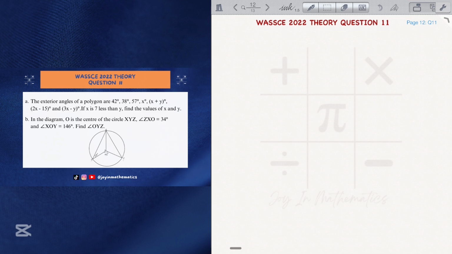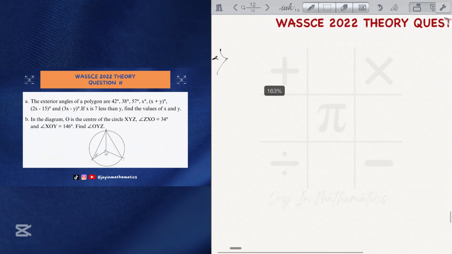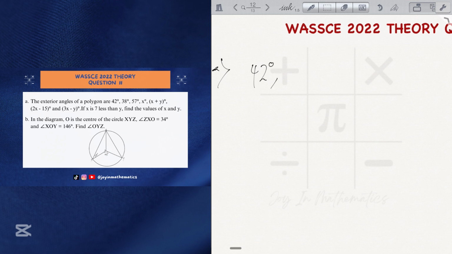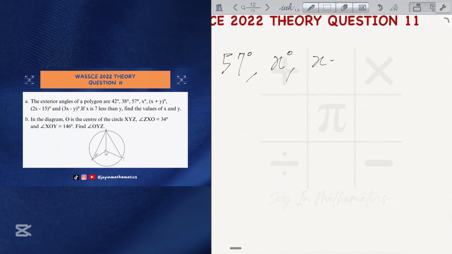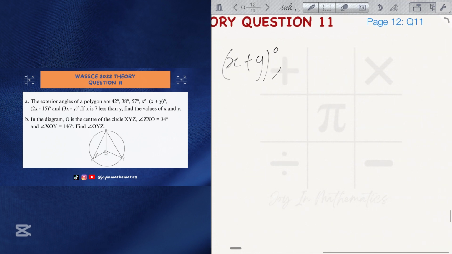Now we have questions A and B. So let's begin with A. A says the exterior angles of a polygon are 42 degrees, 38 degrees, 57 degrees, x degrees, x plus y degrees, 2x minus 15 degrees, and 3x minus y degrees.